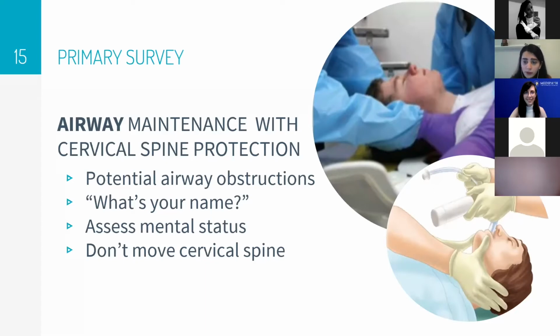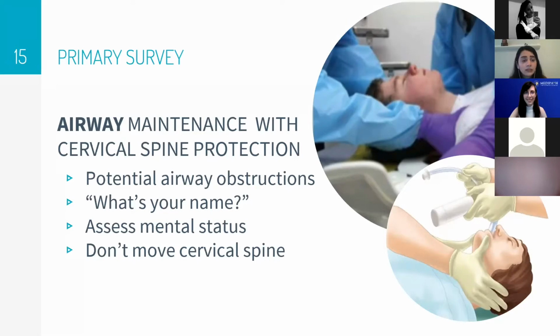You first want to look for any potential obstructions to the airway, like facial injuries, any blood or vomit in the airway. You should suction and try to stop the patient from vomiting, but sometimes you need to intubate if you're afraid they're going to aspirate. You have to quickly assess their mental status and determine whether they're able to clear their secretions and keep their tongue from obstructing the airway.